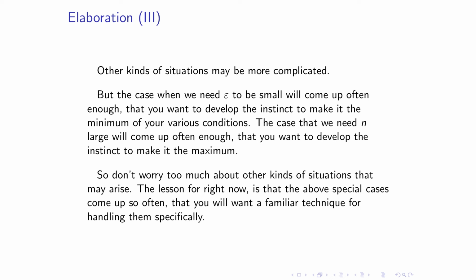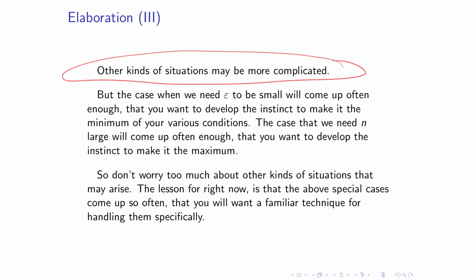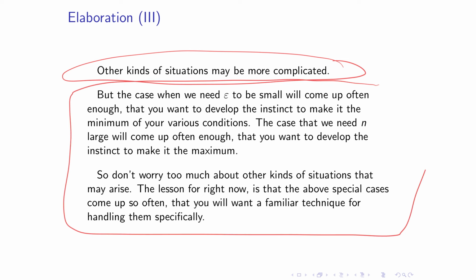And of course, it would be natural to wonder whether there would be other conditions where sometimes we want it to be bigger than this and smaller than that, and perhaps that will happen. But don't worry too much about that, because it happens so often that we either want epsilon to be small because it needs to be smaller than multiple things for whatever reason, and often we want some n to be big.